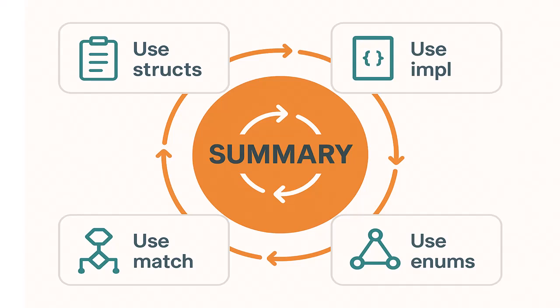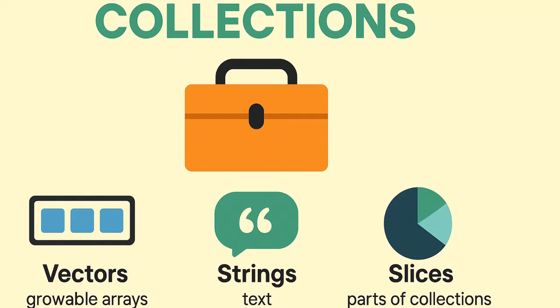Stay tuned. Now let's talk about collections in Rust, which are ways to store multiple values. The most common ones you'll use early on are vectors, which are used for growable arrays, strings for text, and slices for accessing parts of a collection.